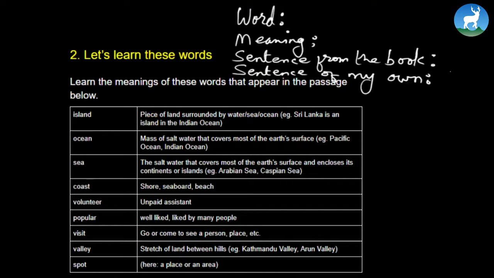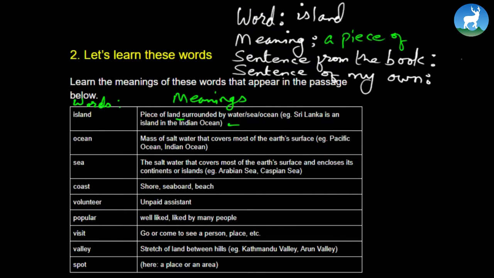So for instance, if the word is island, as given here, of course you write its meaning down right here, a piece of land. Here are the words, and these are the meanings. You write the meaning here, and the sentence from the book, where you see in which paragraph this particular word is used in a sentence.